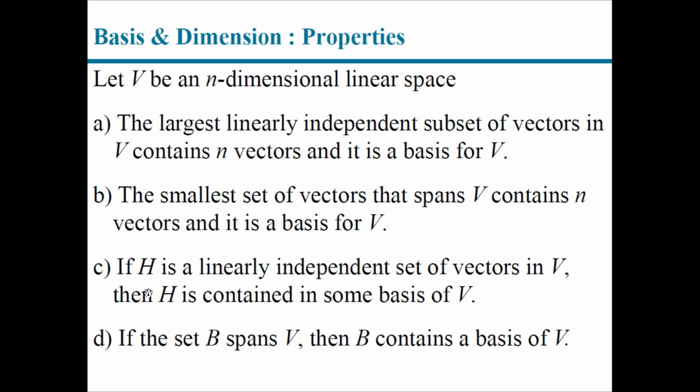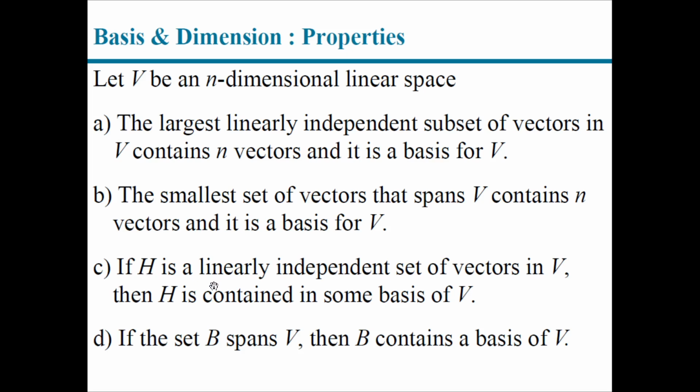So this result: if H is a linearly independent set of vectors in V, and again V is n-dimensional, so the basis has n vectors. So I have a set that contains linearly independent vectors, then that set H is contained in some basis of V. Okay, so we know that every basis of V has n linearly independent vectors.